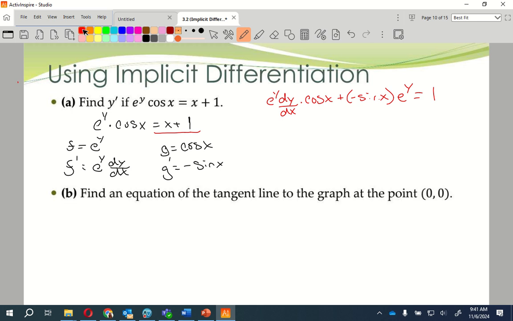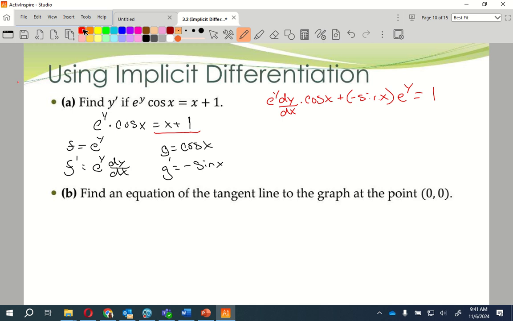Now, if I was looking at all of this, I would just say, man, it looks like kind of a mess. So we're trying to get what by itself? Very good, dy dx. This left side looks like a mess, but if I know that all I need to do is get dy dx by itself, this is just algebra. It's ugly algebra, but it's algebra.